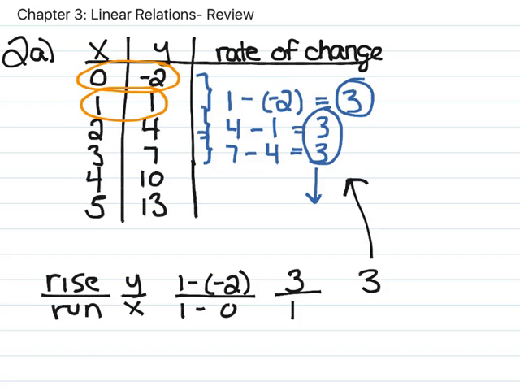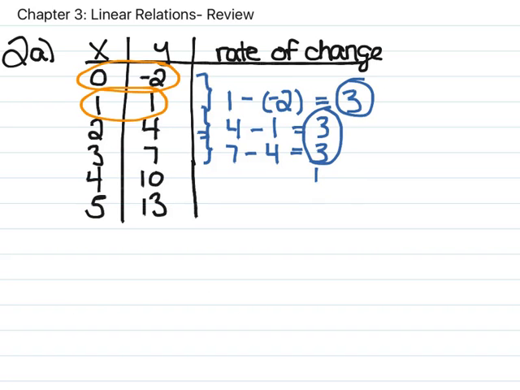And it matches. The y-intercept is when x is 0, so it's when it's crossing the y-axis. Your y-intercept here would be -2, which is found by looking at your table of values, and it's the first yellow circle there. Finally, you are asked to find the equation.